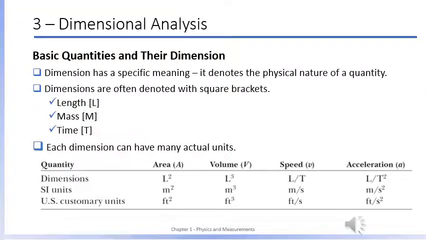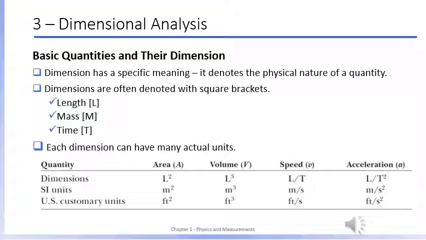Each dimension can have many actual units. So L could have meter or feet as a unit. For example, the dimension of speed is L over T. It's a distance divided by time, so it's a length divided by time. So it's L over T as dimension.